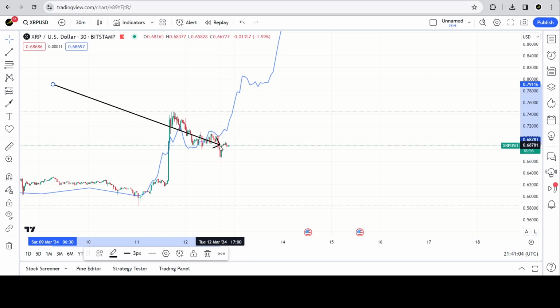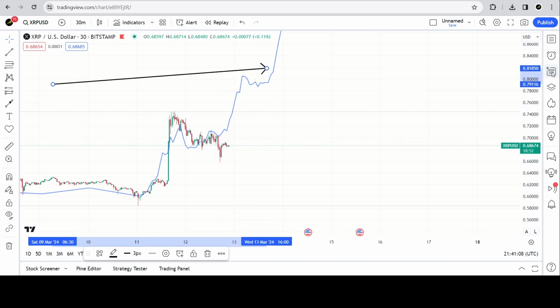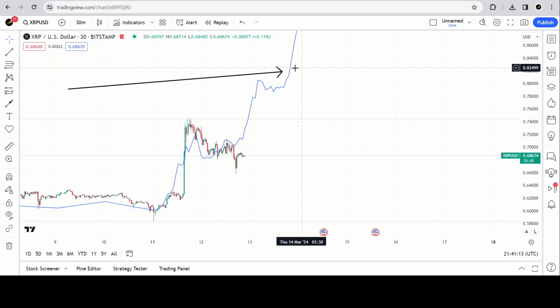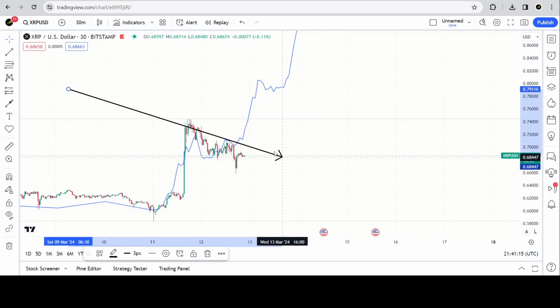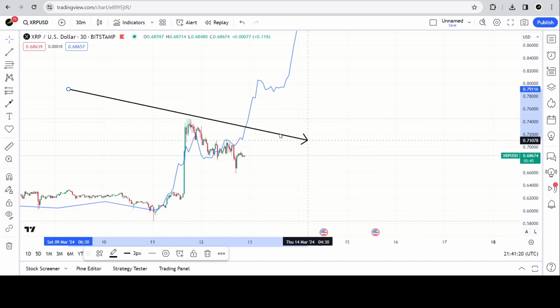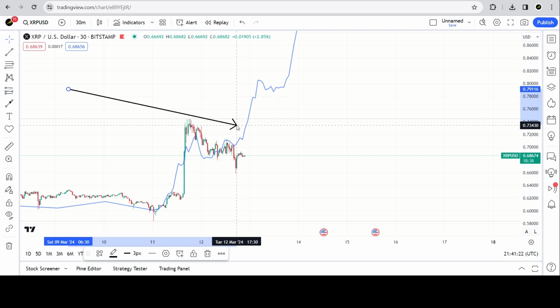So if this continues to follow, we would want to see something similar to this start playing out. What we do not want to see is price get stuck here and go sideways and drop down low. That would be a telltale sign that the great fake out is probably not going to take place.